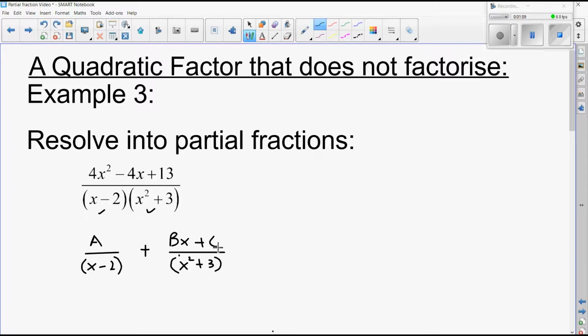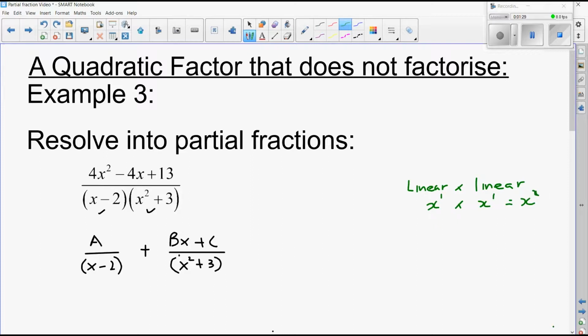And the reason why is, if I may just do it on the side of our page, we know that if you take a linear expression multiplied by a linear expression, you would get a quadratic, because x to the 1 times x to the 1 gives you x squared.